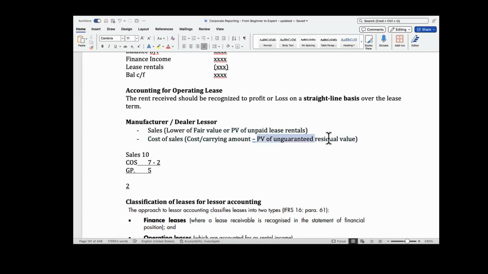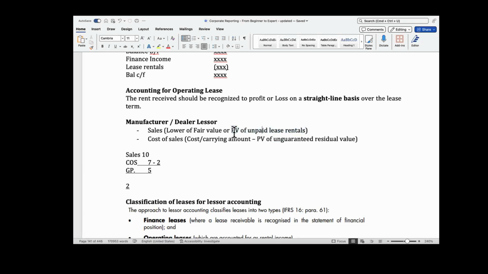It was this PV of unguaranteed residual value that most of you might not find easy to understand. And I told you that is because we could not add it here. Ordinarily, what should be in sales should be net investment in the lease, meaning after you have added PV of unguaranteed residual value to this. But IFRS 15 will frown against adding items like unguaranteed residual value as sales. So you cannot add it here.